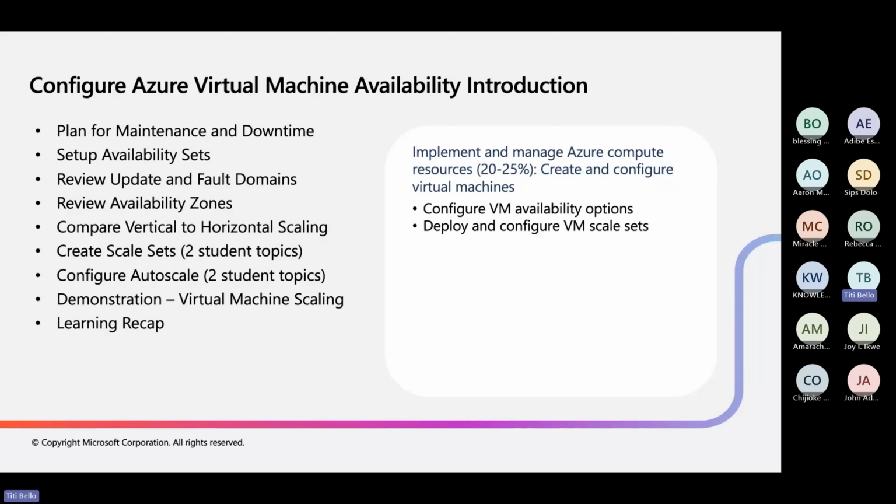And I said the Azure Load Balancer distributes traffic between multiple virtual machines. The load balancer distributes traffic amongst virtual machines. Then the scale sets manage a group of load balanced virtual machines. So that's virtual machine scaling.